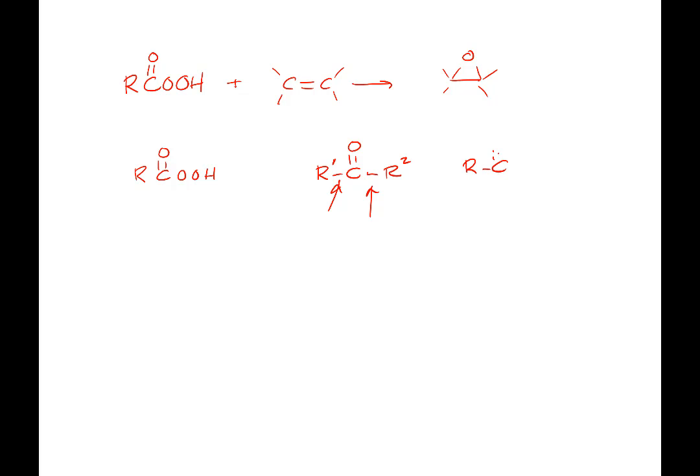So what I'm going to end up doing is adding the oxygen in between, let's say, if R2 was the larger group, the peroxy acid plus that ketone would make that ester. So I'm going to put the oxygen right in between the carbonyl and the larger alkyl group and make the ester.